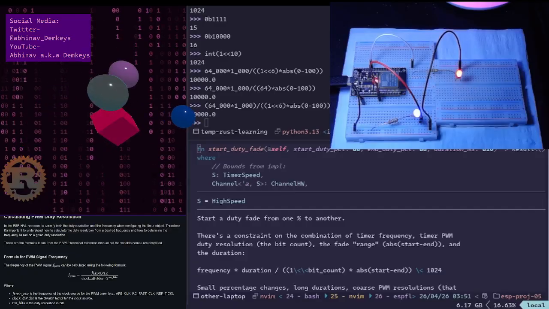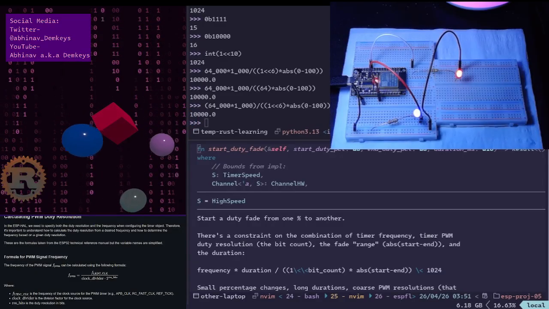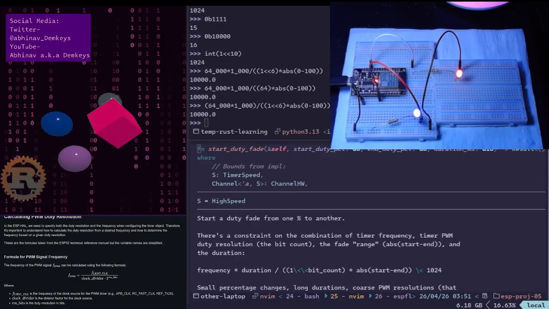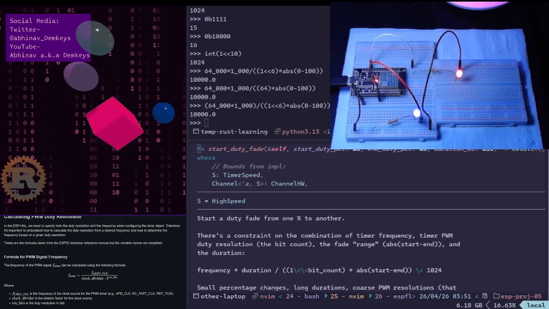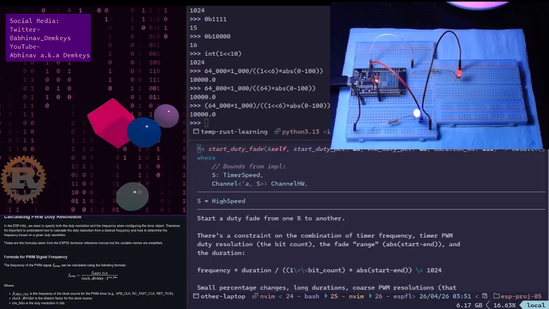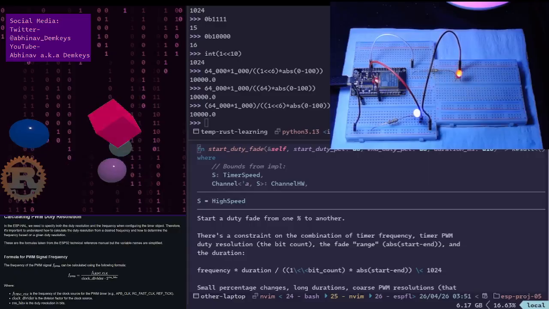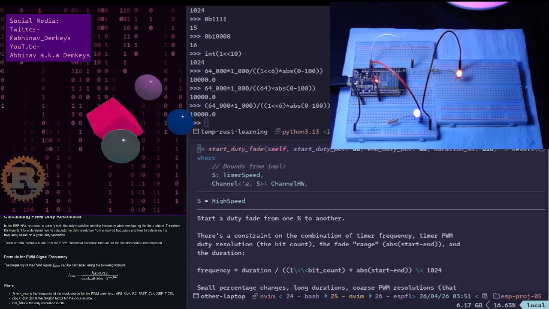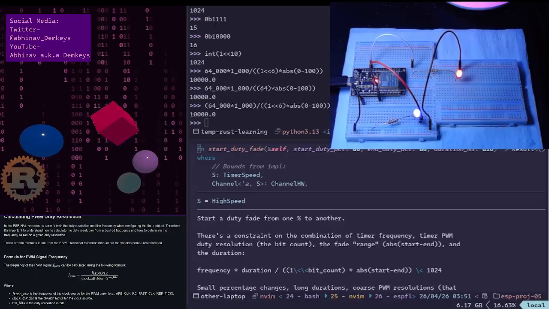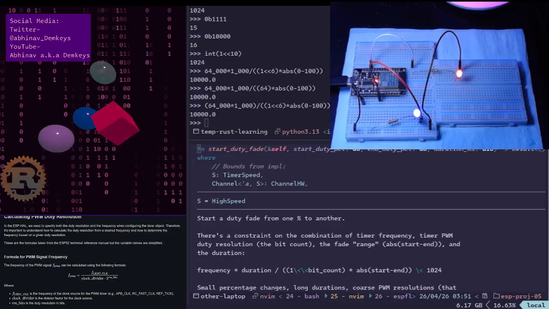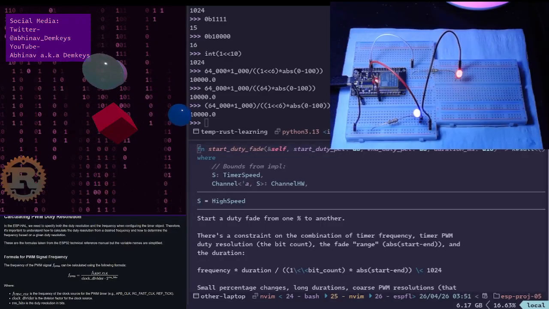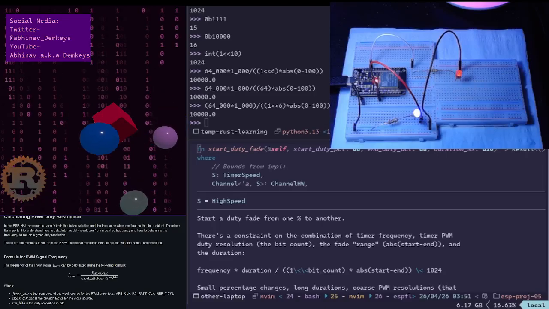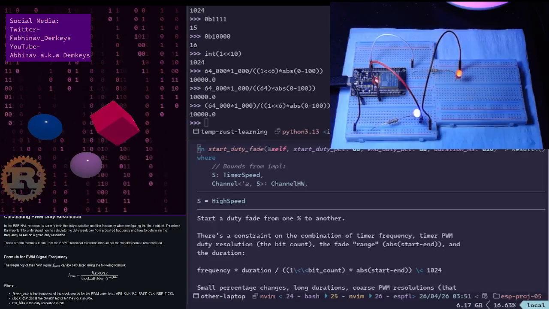The math check, let's look at your variables. Frequency is 64,000 hertz. Duration is 1000 milliseconds or 1 second. Resolution is 2 to the power 6 or 64. Yeah, that's what we said. So 1 bit shift 6. Then range is 100.